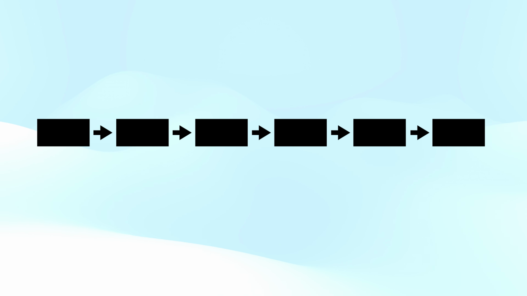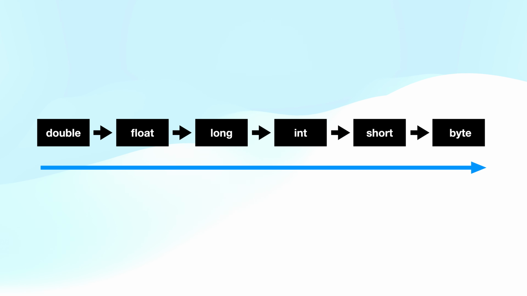So let's see the hierarchy here. It goes from double to float, float to long, long to int, int to short, short to byte. That's the process of how it goes from bigger to smaller, and in this process we can lose some data. So that's called narrowing typecasting.